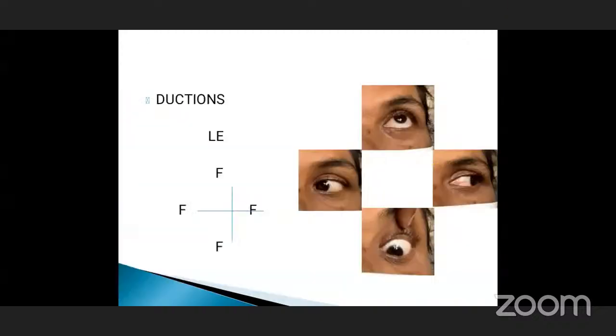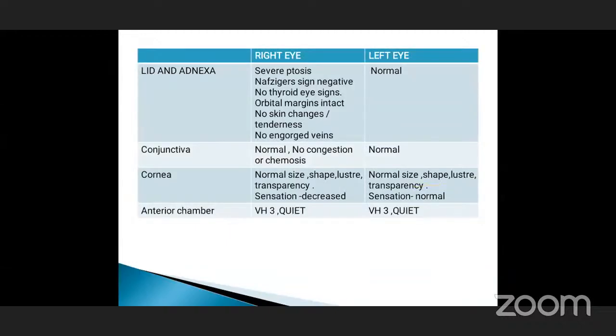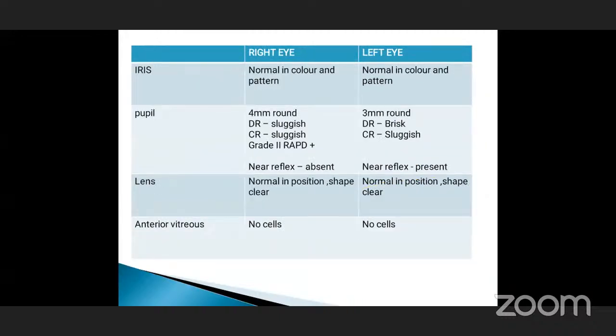Continuation. Coming to ductions, ductions of the left eye are full in all directions. Coming to the anterior segment examination, the right eye shows severe ptosis with negative Cogan's sign, with no thyroid eye signs. Orbital margins are intact, no skin changes, non-engorged veins. The conjunctiva, cornea, anterior chamber, and the iris of the right eye are normal.